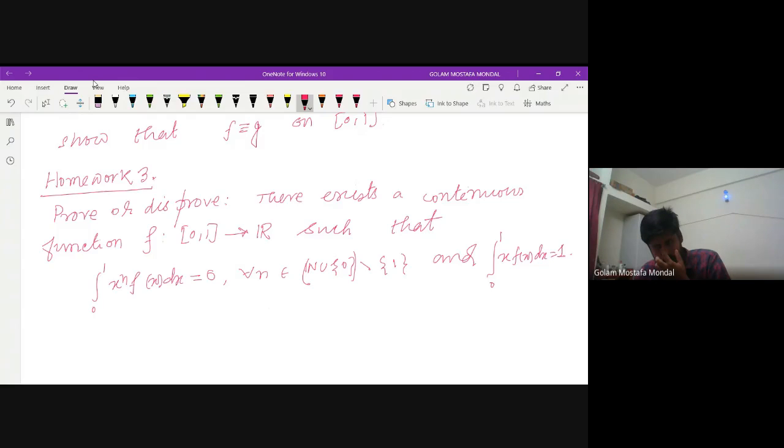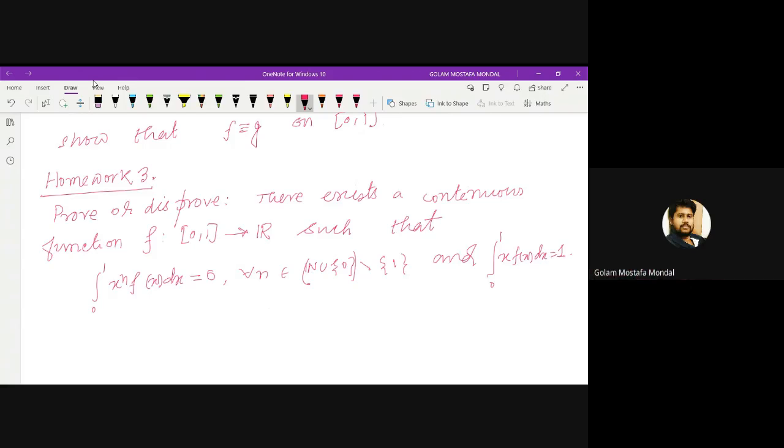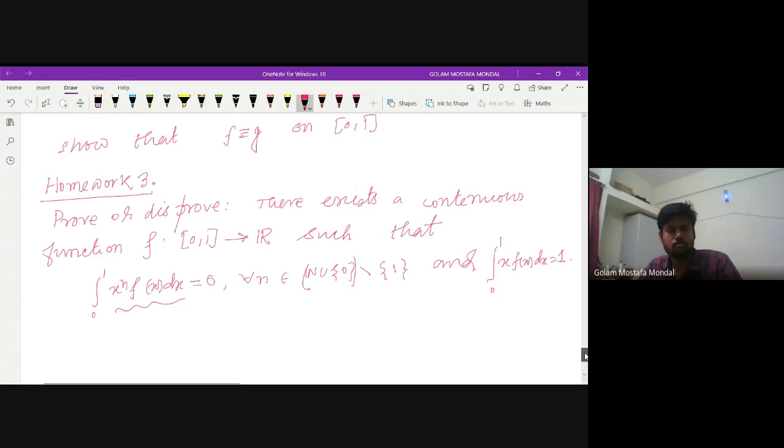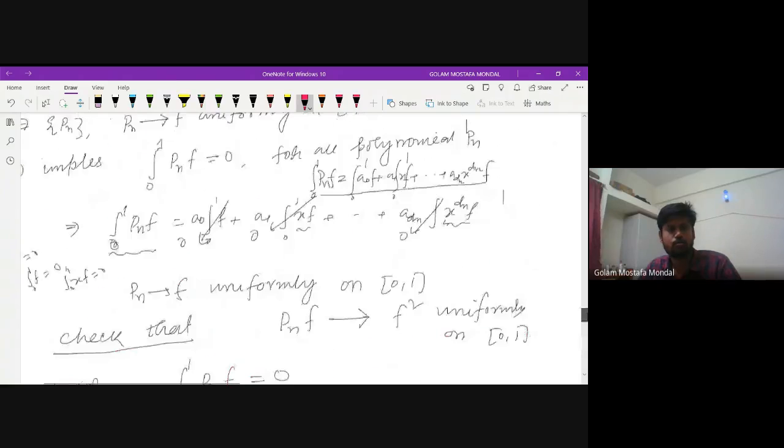We need to check, does there exist a function f such that the integral of x to the power n f of x is 0 but the integral of x f of x equals 1?